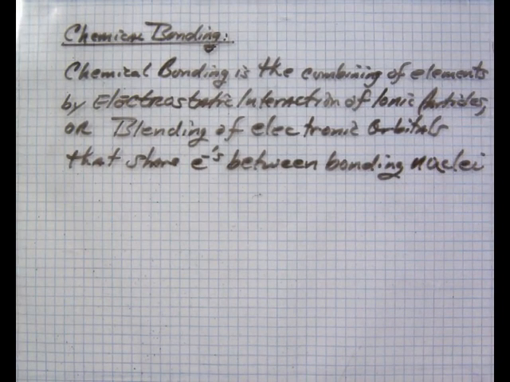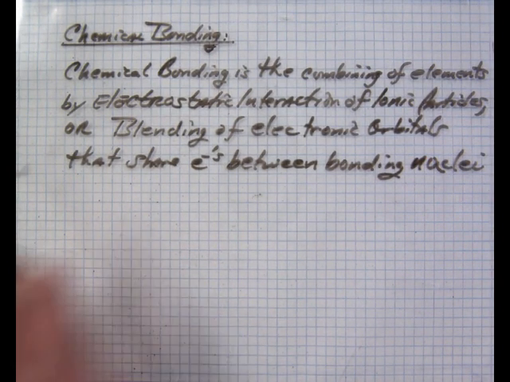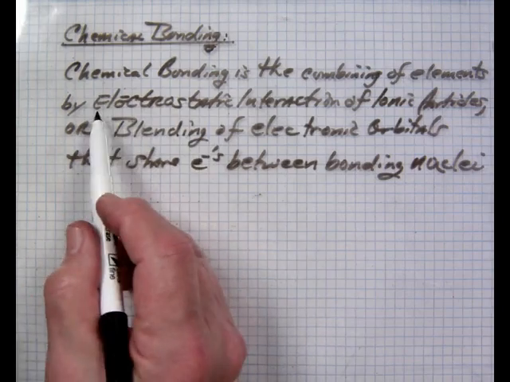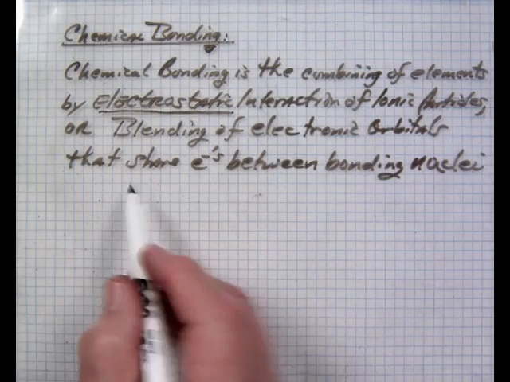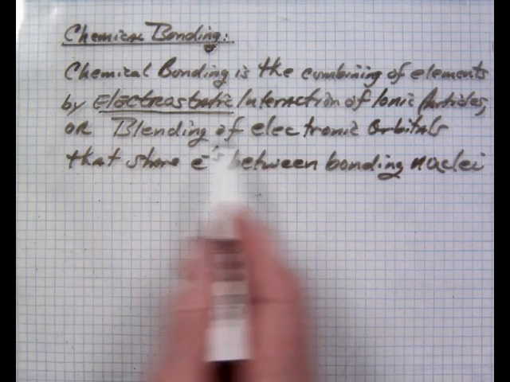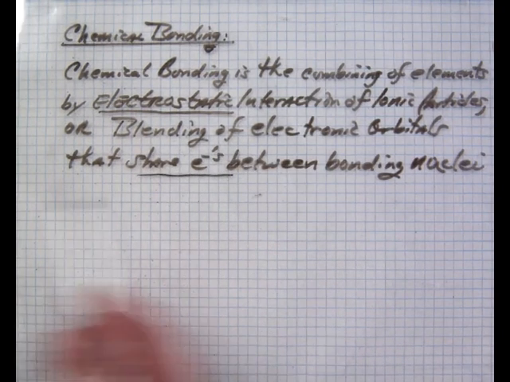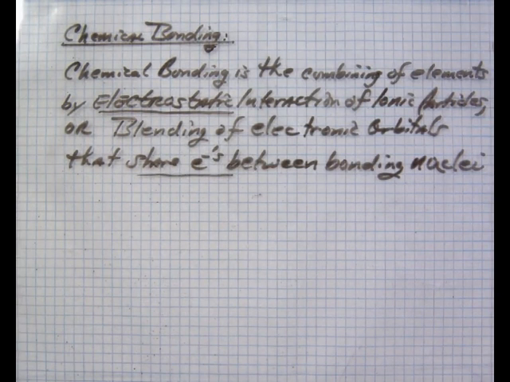Okay. Now, this implies the existence of two types of bond. One that is electrostatic in nature, and another that is more of a blending or sharing of electrons between two nuclei, and that's exactly what it is.